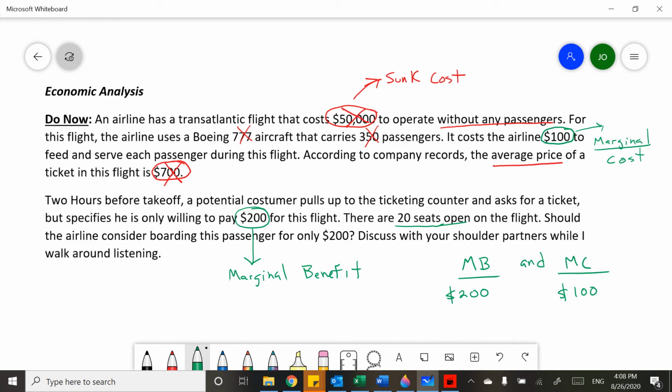So, should the airline let this person in? The answer is yes, because my marginal benefit of 200 is greater than the $100 of marginal cost. As long as we have this situation, we should let the passenger in.